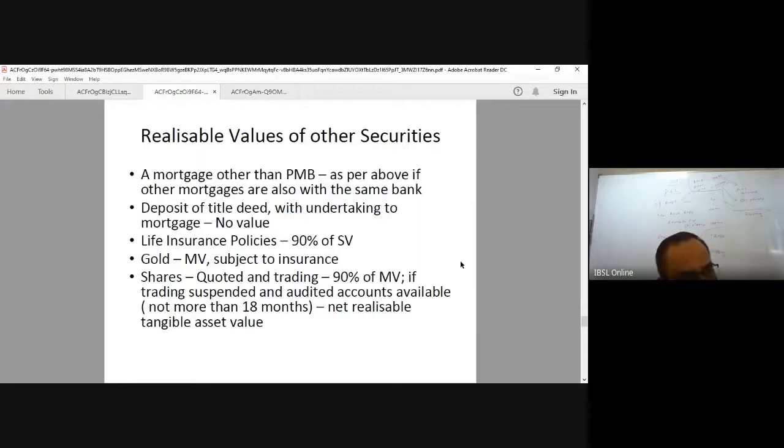Let us say you have primary, secondary, tertiary, quaternary mortgage bonds executed on a particular property. If the primary mortgage bond is now under this definition, and you have subsequent mortgages also with the same bank, all of those can be taken into account, right?